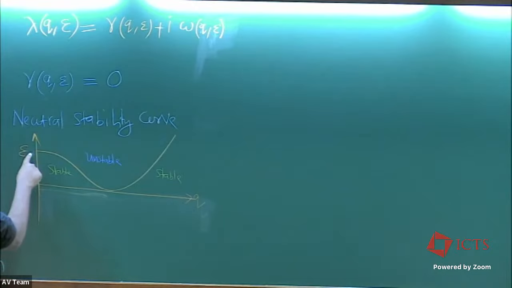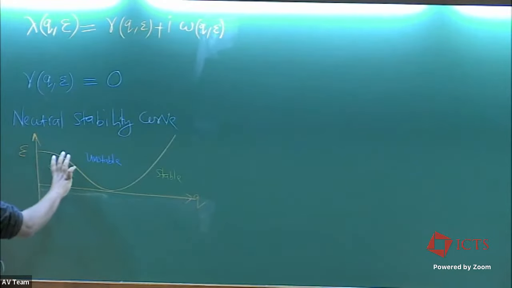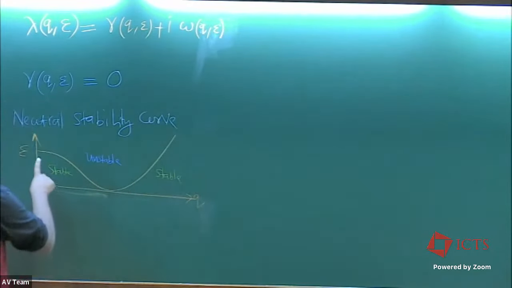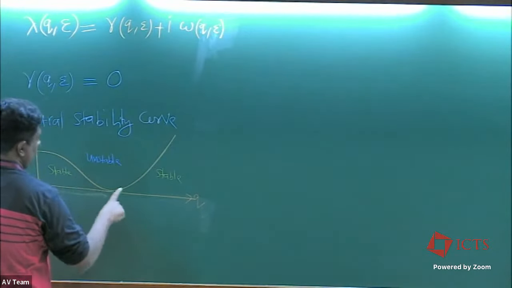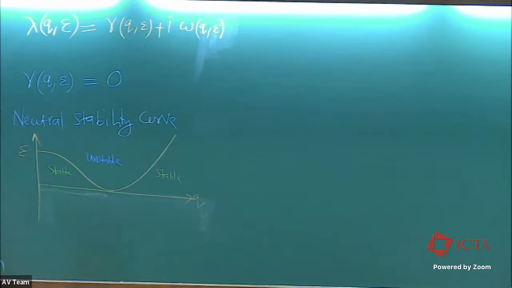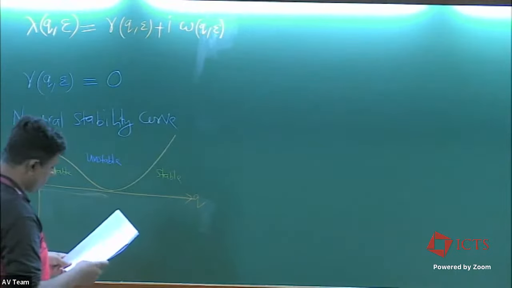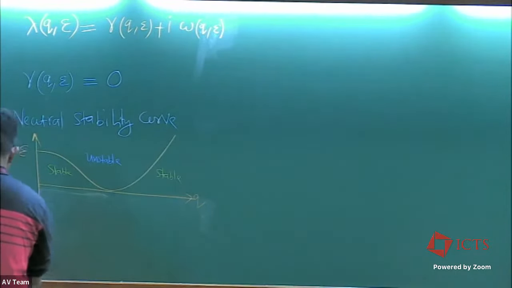What is the parameter value at which that mode starts growing? Therefore, that parameter value will depend on the mode that you put in. So typically, like the growth rate we had here, there'll be a particular q at which you will hit a value of epsilon that's the lowest.